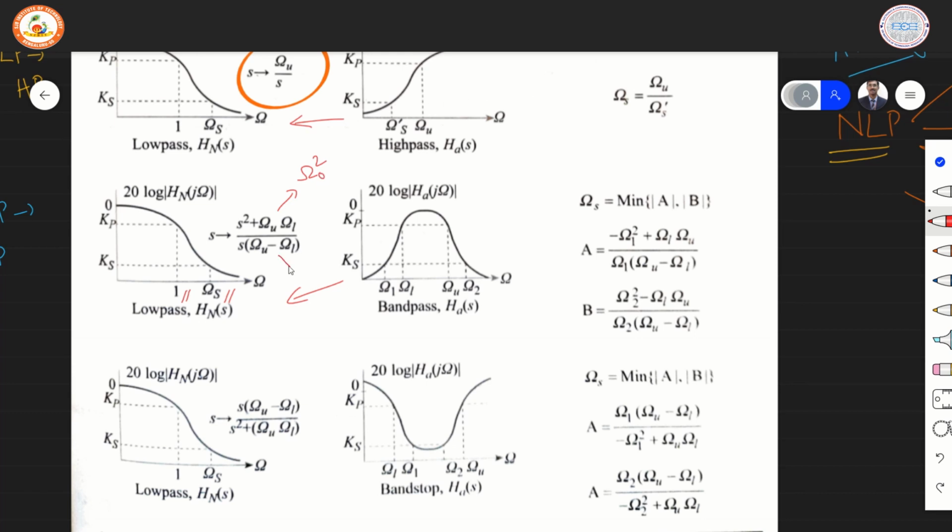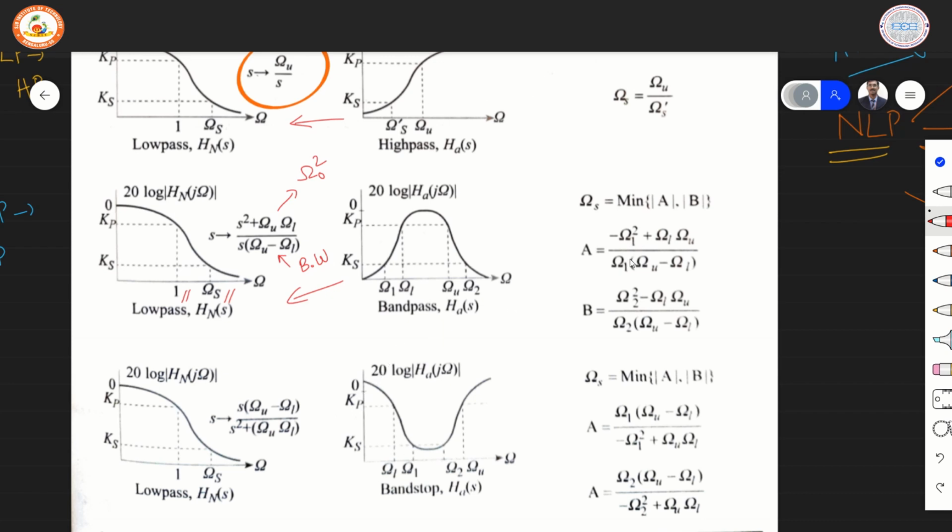The term in the denominator is the difference between the upper edge of the pass band and the lower, and is termed the bandwidth. Therefore, the expression can be remembered as S square plus center frequency square divided by S times the bandwidth.